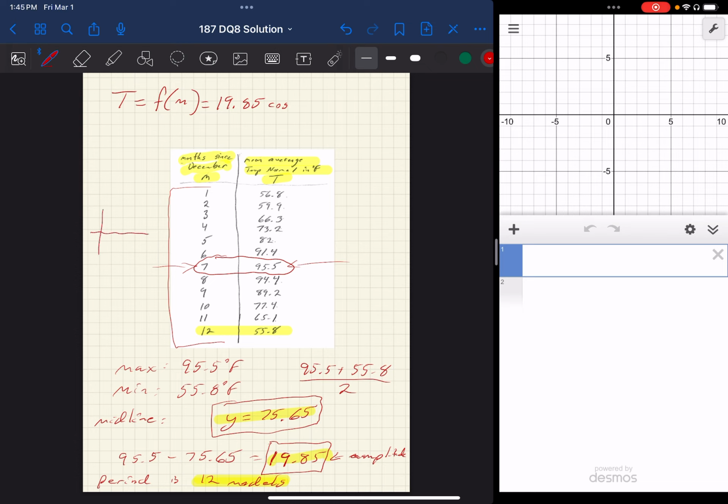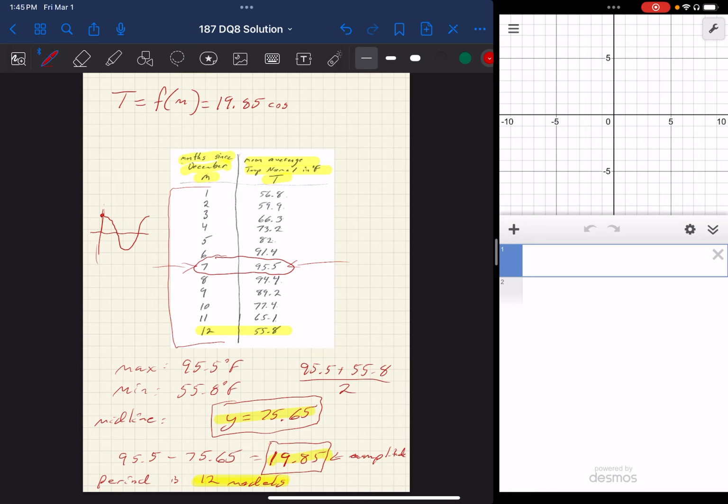If you think about your parent function, the parent function for a cosine function looks like this, where I'm starting at the maximum on the vertical axis and going down. So now I'm saying, okay, well, I have to transform that parent function, knowing what my amplitude is, knowing what my period is, knowing what my midline is.